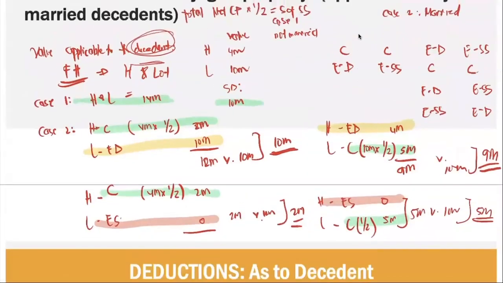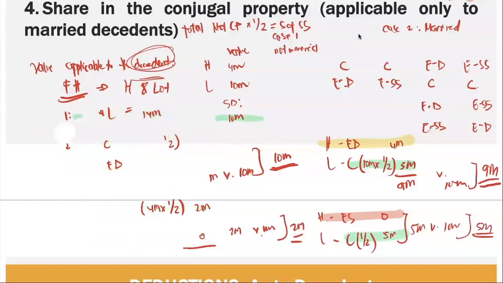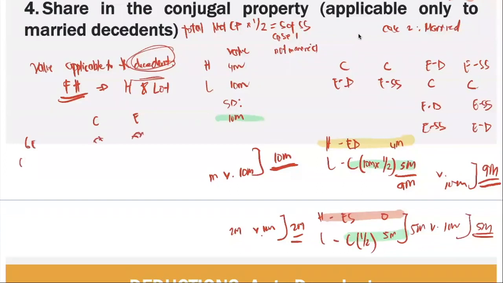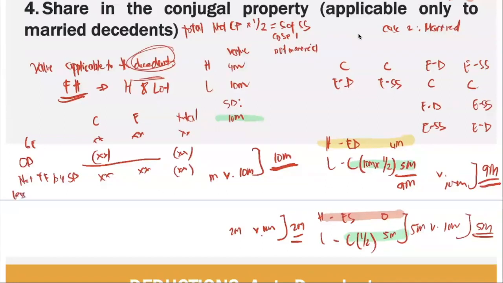Didn't we say, I'll just erase our examples on the house and lot, a while back that what we have here is your conjugal and your exclusive gross estate, and then we have your ordinary deductions. They are considered items of your conjugal, except if they are said to be exclusive. And then we have your net taxable estate before standard deductions. Less standard deductions.